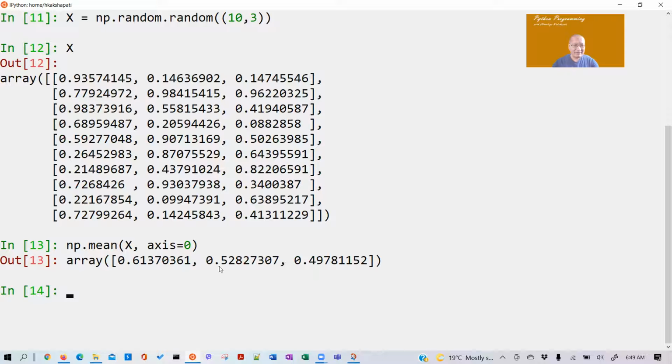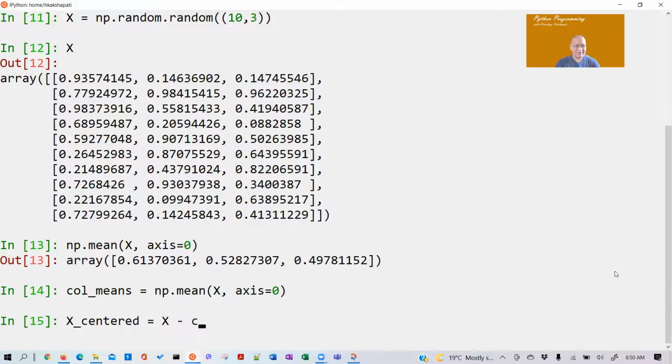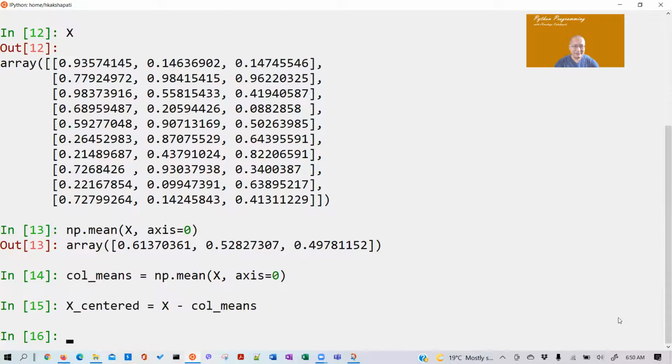Okay, so अब यसमा के गर्नु पर्यो भने, x छ हैन, यसलाई I'm going to put it in call means, call means is equal to okay? So what if I do x centered is equal to x minus all means, right? Okay, so you got it.